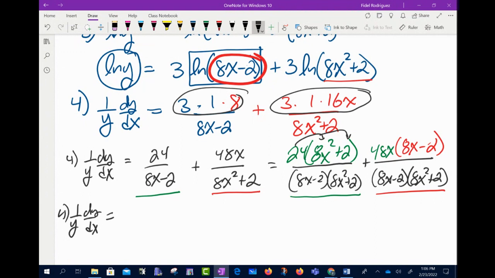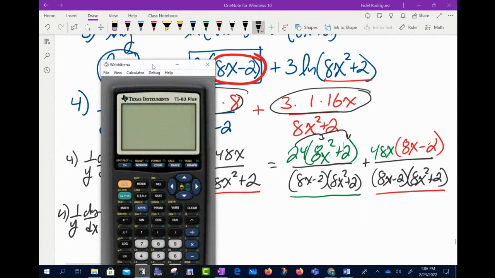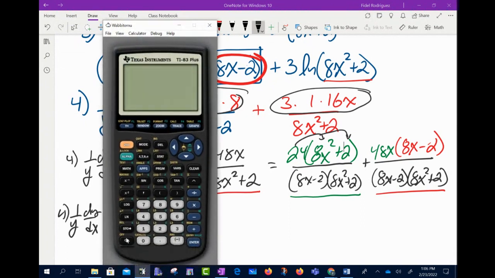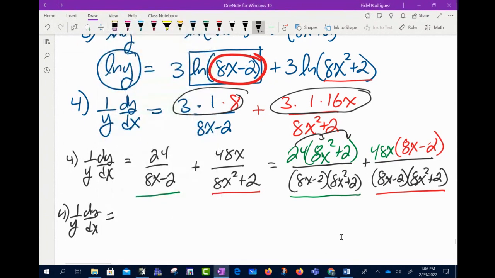Okay, so let's take a look here, y'all. 24 times 8. Let me grab my calculator. Boom, 192. 192x squared plus 24 times 2.